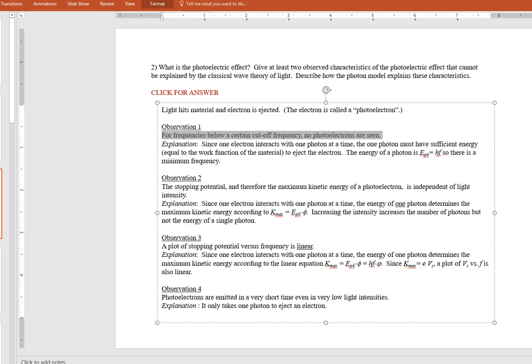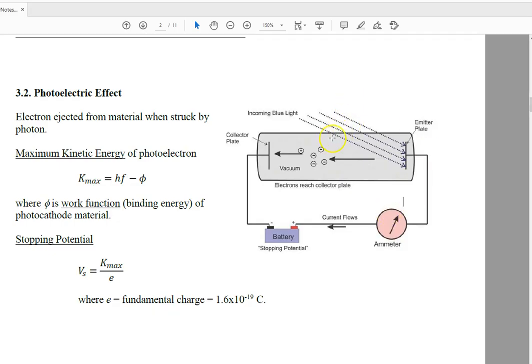So what we mean by that is, if you change the frequency of this light, if you get the frequency of the light too low, below what we call a cutoff, you don't see any current at all. There are no photoelectrons being ejected.